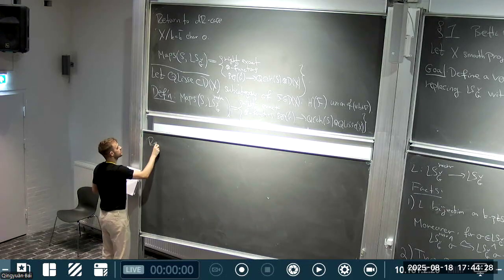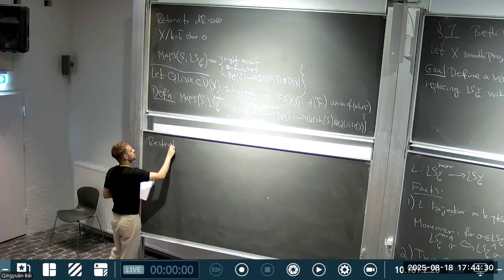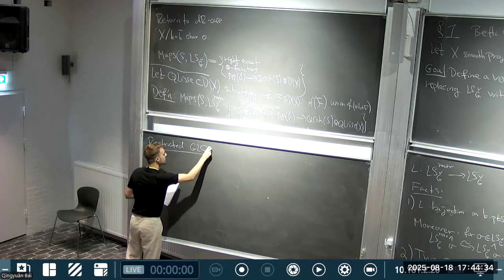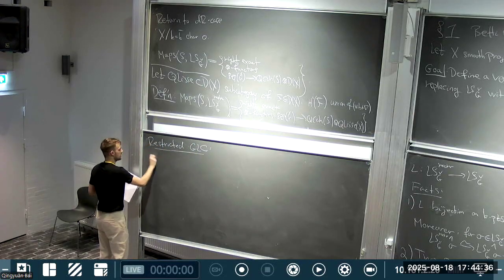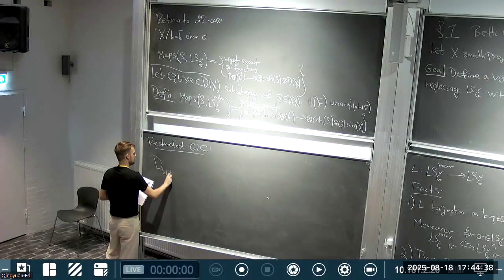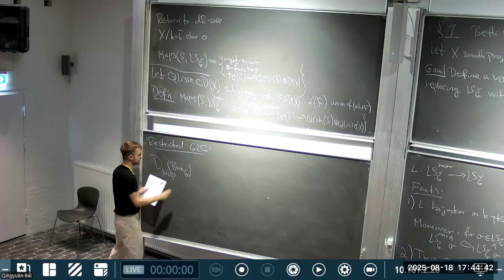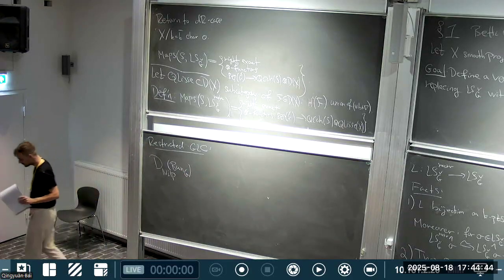The restricted form of the Langlands conjecture says that the category of D-modules on Bun_G with nilpotent singular support should be equivalent to the same kind of thing on the spectral side. So again, this condition appears.